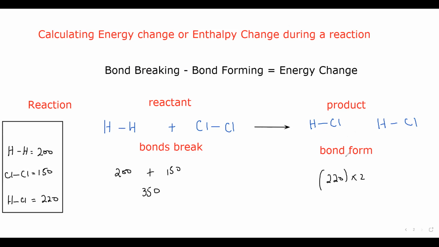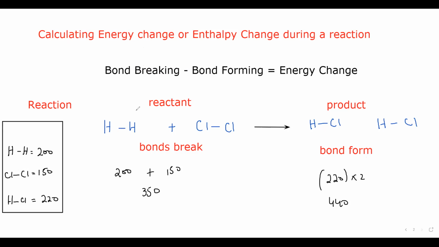So what is the bond forming here? 220 multiplied by 2 equals 440. Then how do we calculate the energy change during a chemical reaction, how much energy changes? The formula to calculate the energy change is the bond breaking energy minus bond forming.